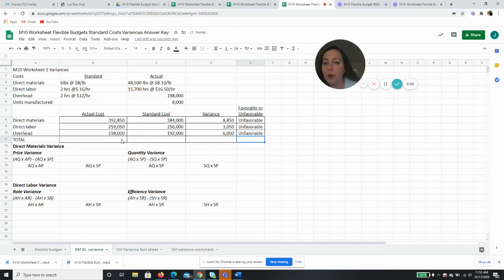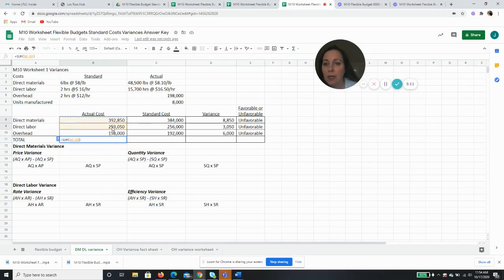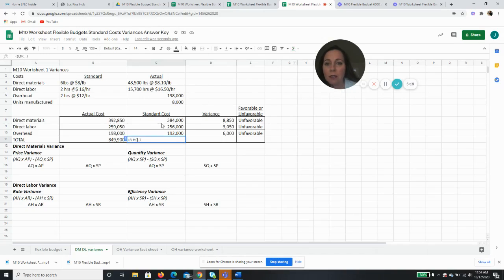All right, so our total, just add this up. So our total actual cost to make those 8,000 units is $849,500. It should have cost, if we had adhered to the standard exactly, the standard says to make 8,000 units, it should cost $832,000.